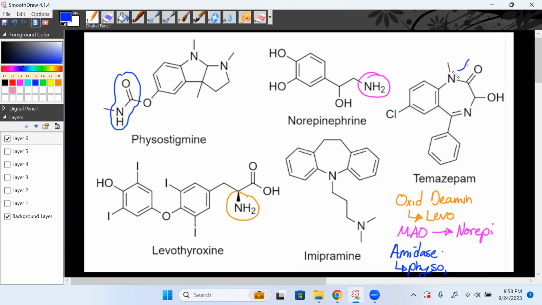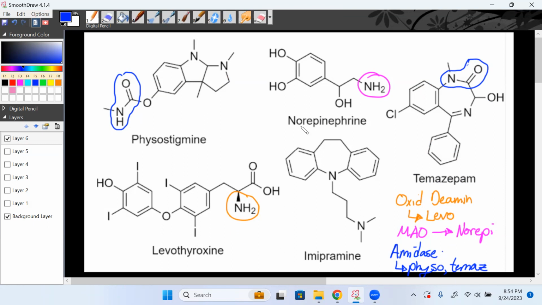Yeah, we see it in temazepam. So don't discount amides just because they might be inside of a ring. They are a valid target.